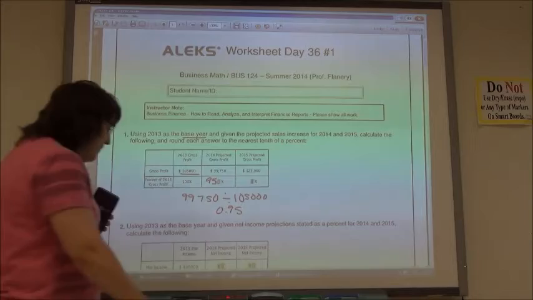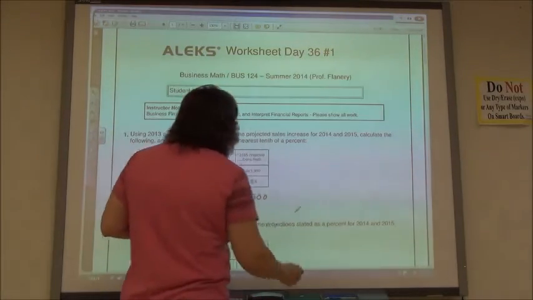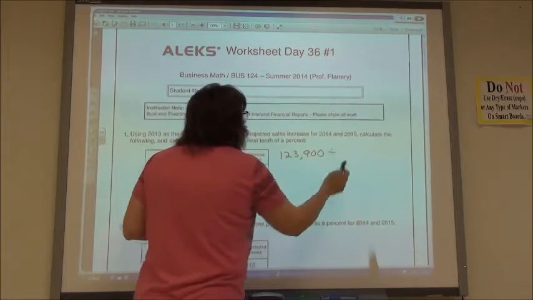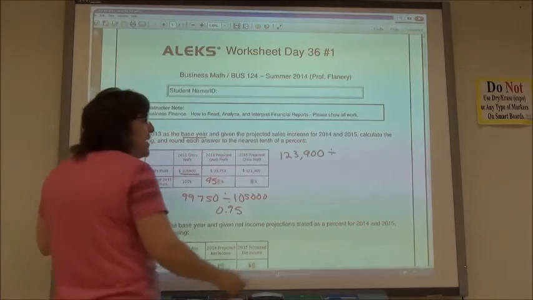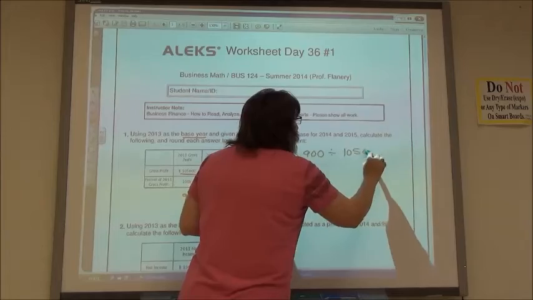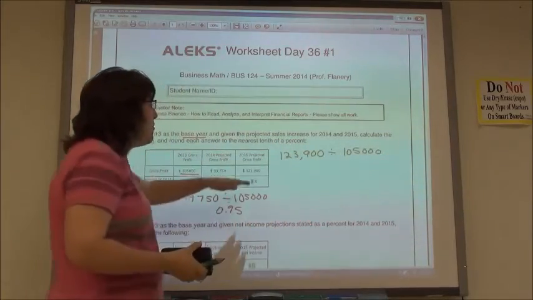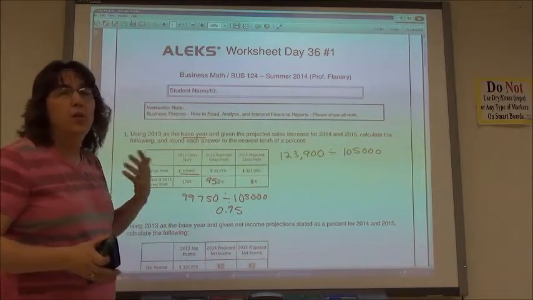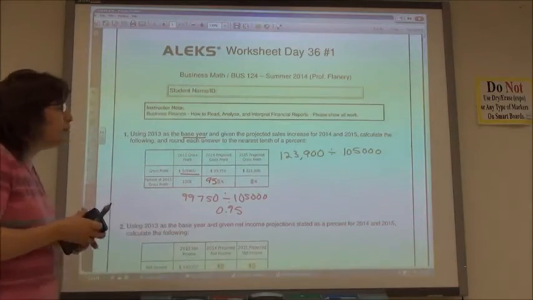Then on 2015, our projected gross profit is $123,900. Again, we're doing it as a percent of the 2013, so we're going to divide it by the 105,000. Now notice here my projected profits are higher than in 2013, so my percent's going to be higher than 100%.